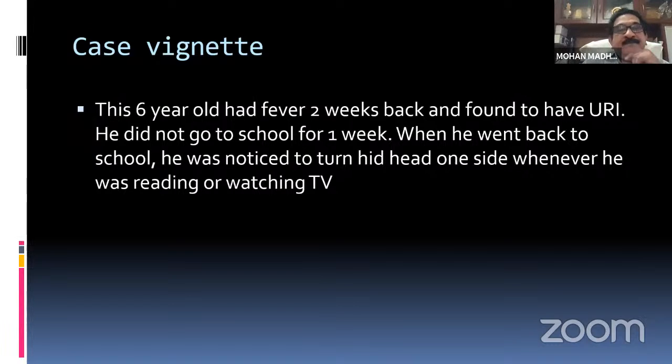This 6-year-old child had fever 2 weeks back and an upper respiratory infection. She did not go to school for 1 week. When she went back to school, she was noticed to turn her head to one side whenever she was reading or watching TV.